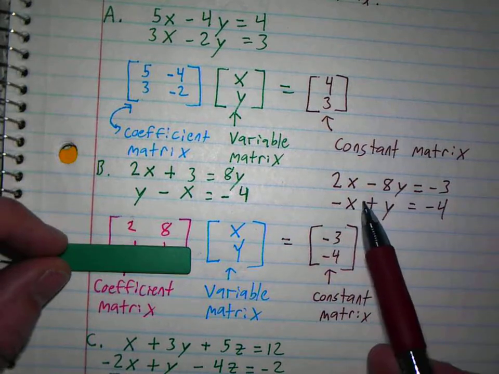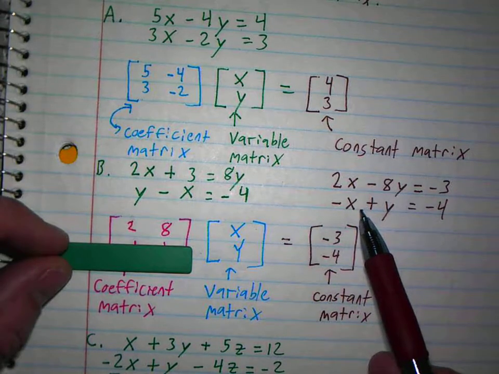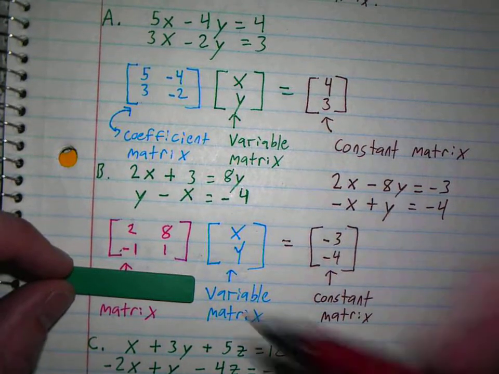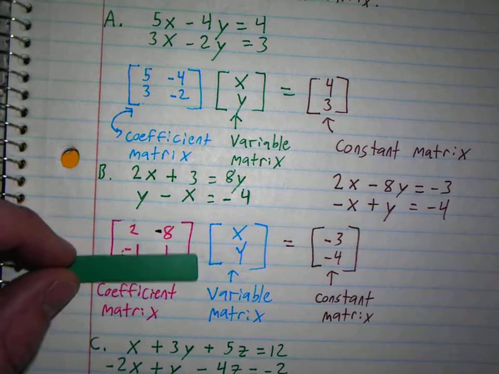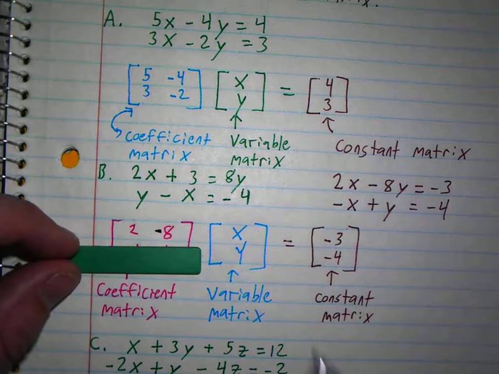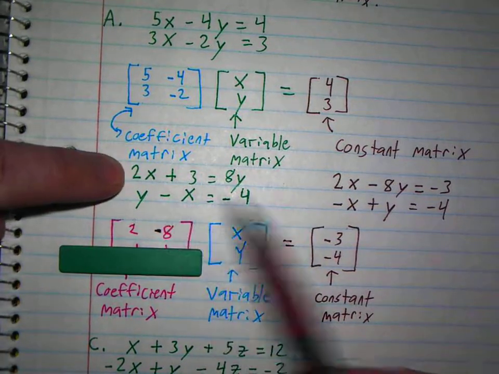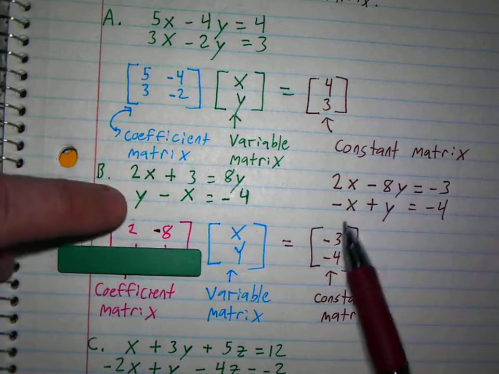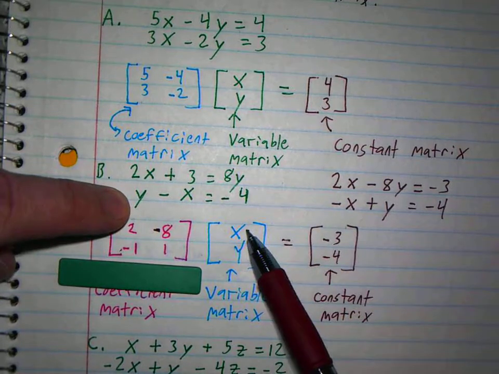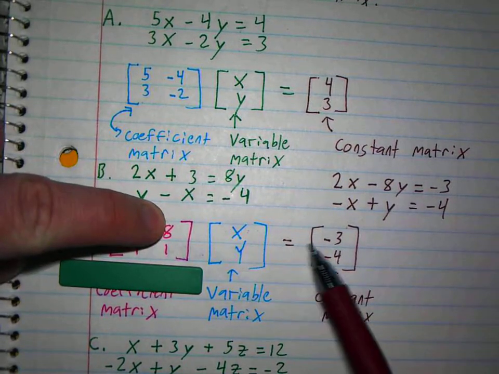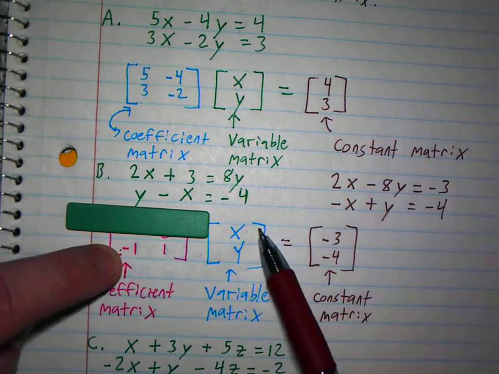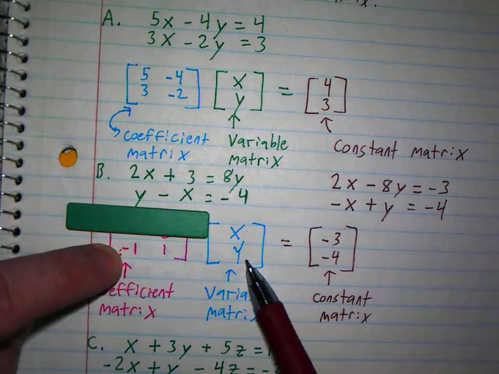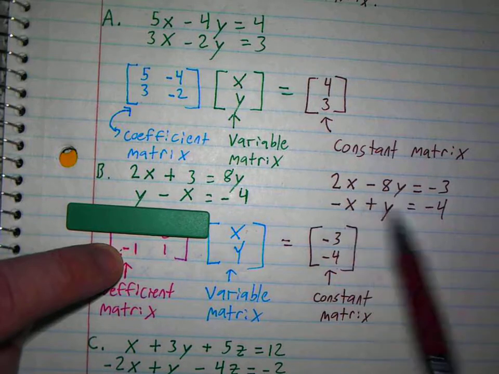Oops. Oh, you know what I just noticed? We forgot a negative here, didn't we? You guys didn't catch that. So I should look at this one: 2 times x minus 8 times y equals -3. And then on the second one, -1 times x plus 1 times y equals -4, which is this one.